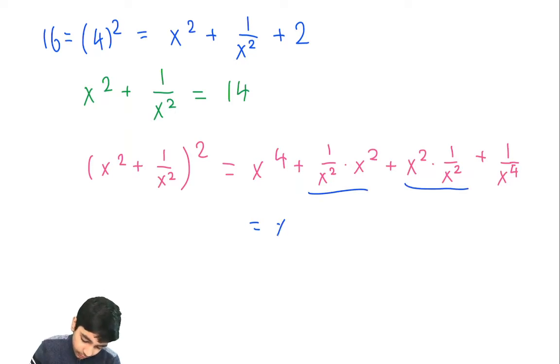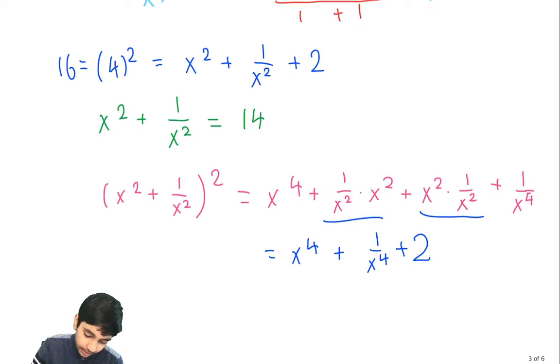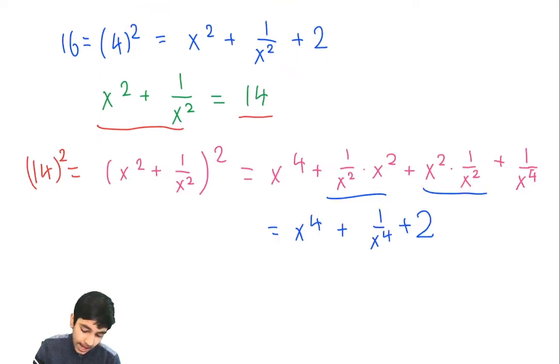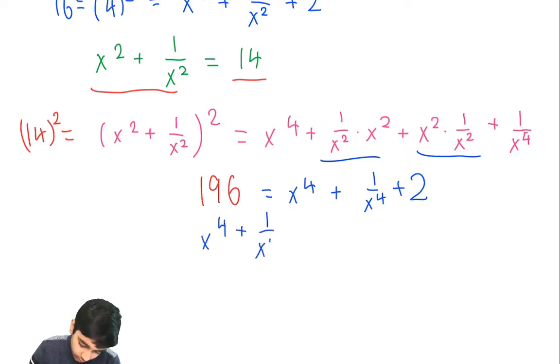So we have x to the 4th plus 1 over x to the 4th plus 2, because we have two terms that are both 1, is (x squared plus 1 over x squared) squared. So this is equal to 14 squared, because x squared plus 1 over x squared we found is equal to 14 in the previous expression. So now we know that 14 squared, or 196, is equal to this quantity, meaning that x to the 4th plus 1 over x to the 4th is just 194.